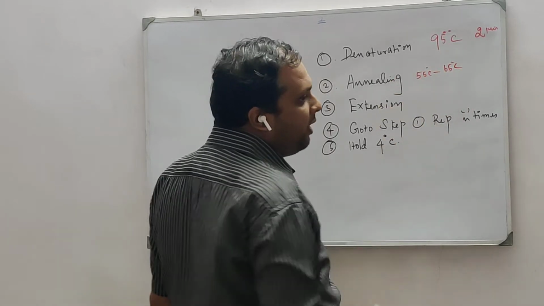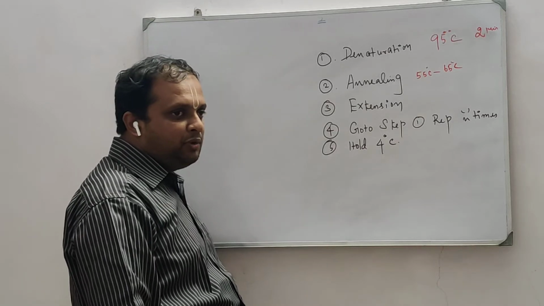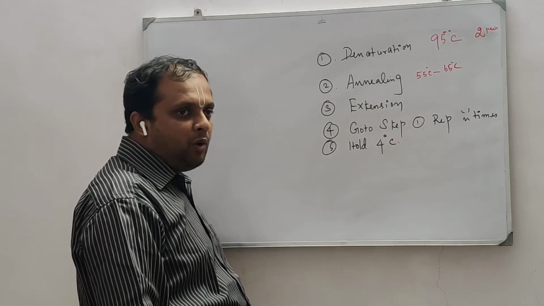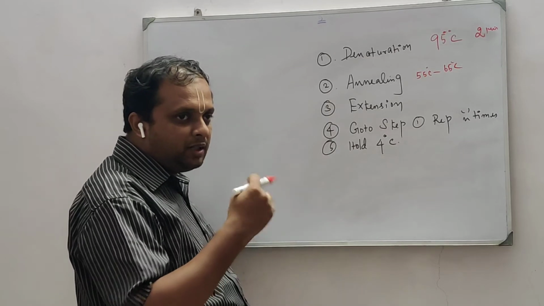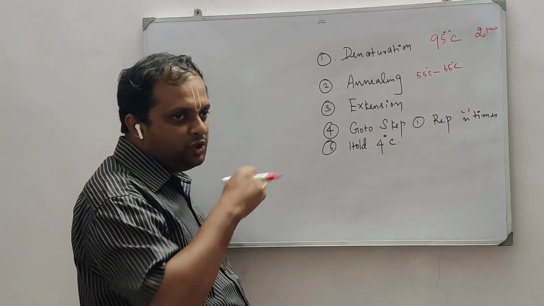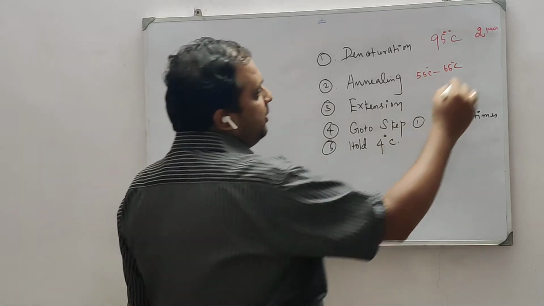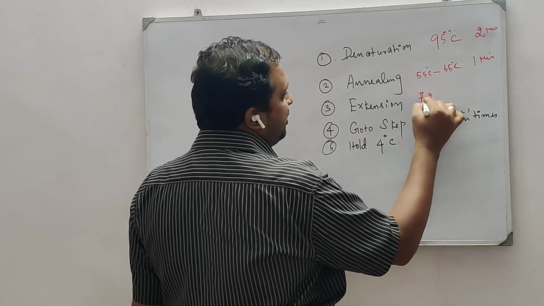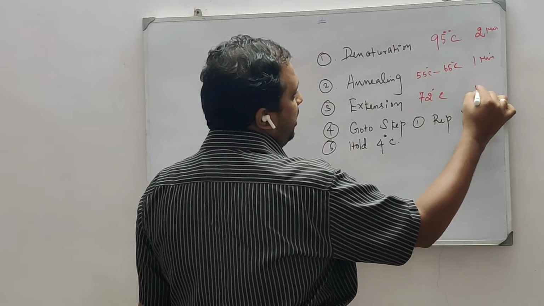It varies from reaction to reaction. So you have to specify a particular temperature, which has to be found out by trial and error, to see which temperature suits a particular gene. Again you can have around 1 minute of time. Extension is going to be 72 degrees Celsius, again around a minute.